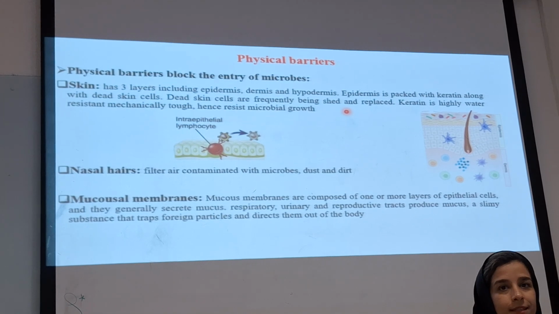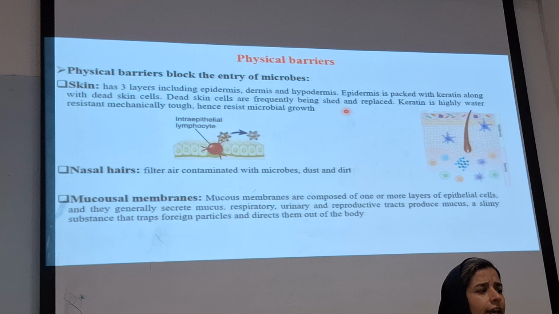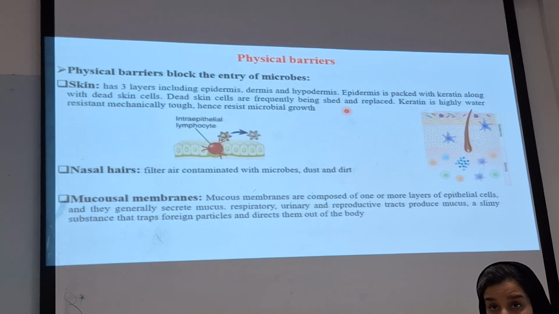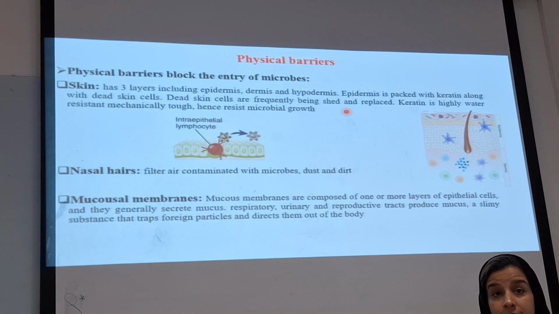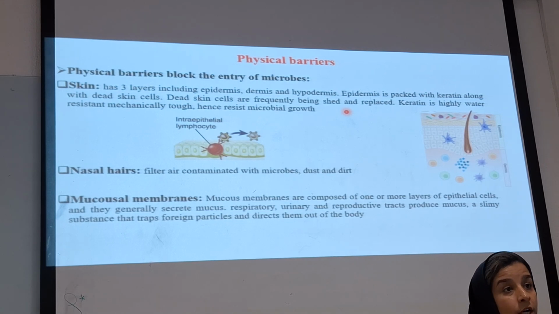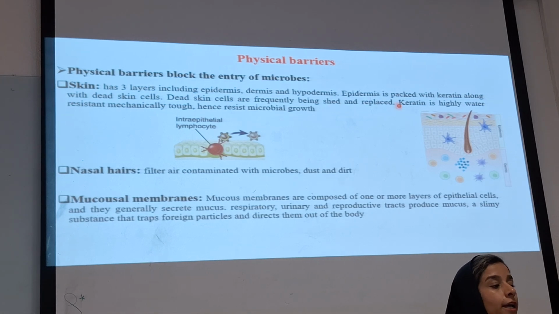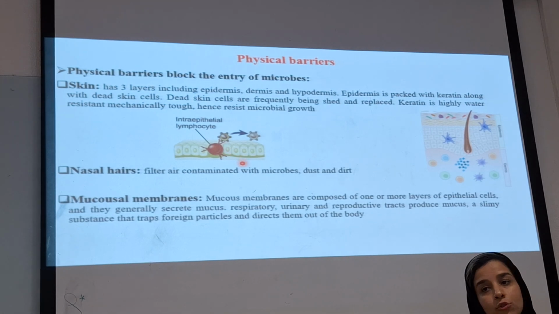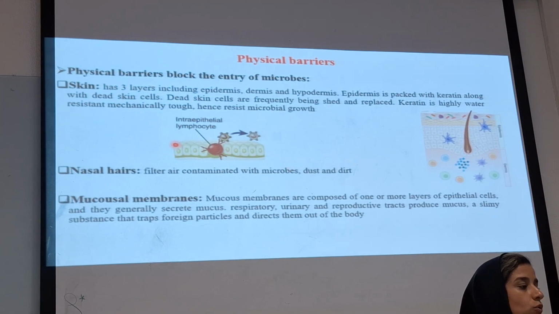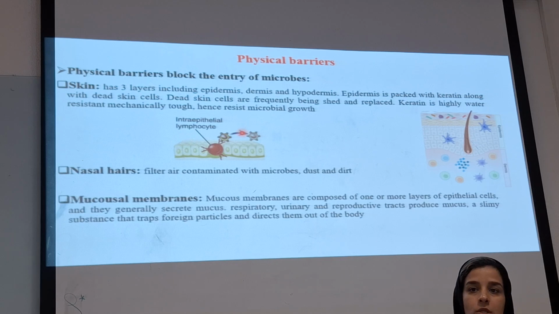And these dead skin cells are frequently shed and replaced. Because these keratinocytes have tight junctions with each other, they are highly resistant to water and also to the growth of microbes on their surface and microbes entering through their surface.